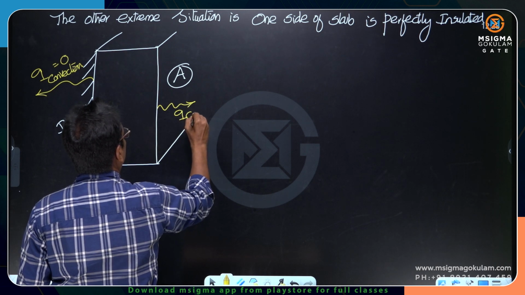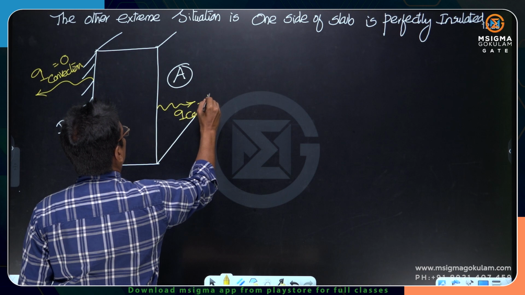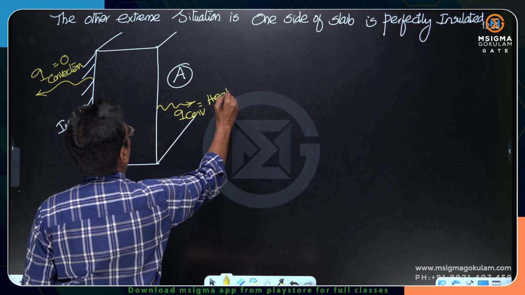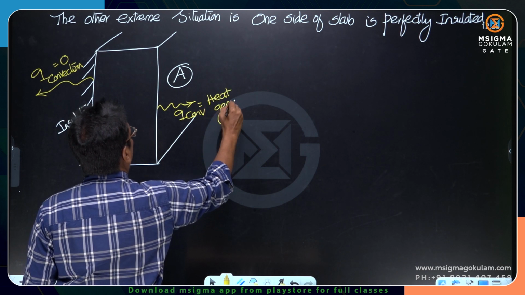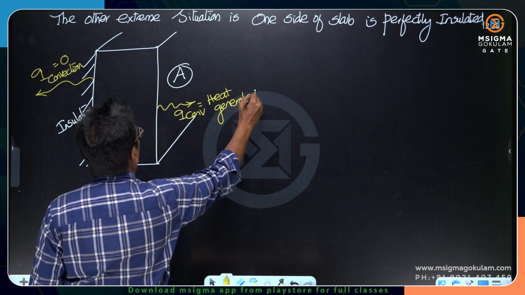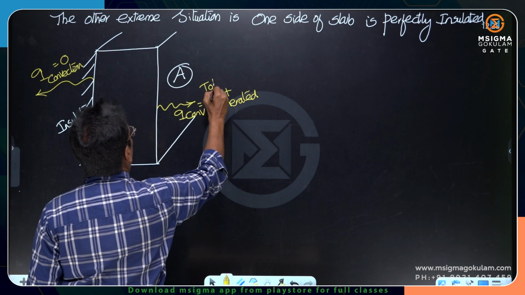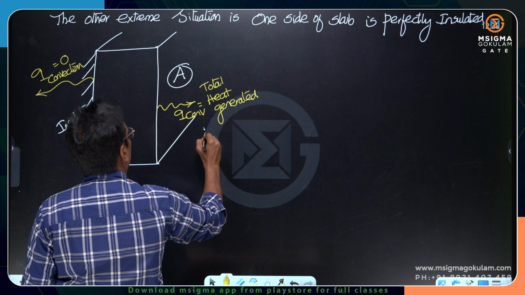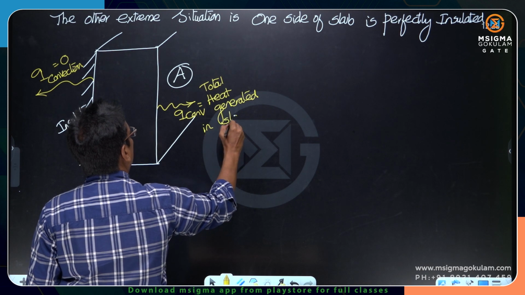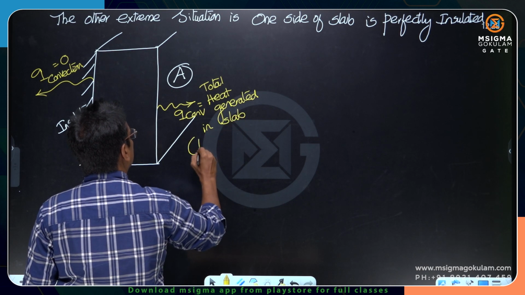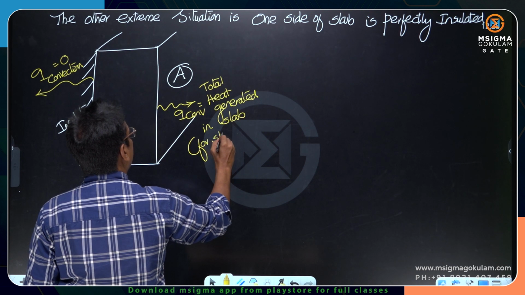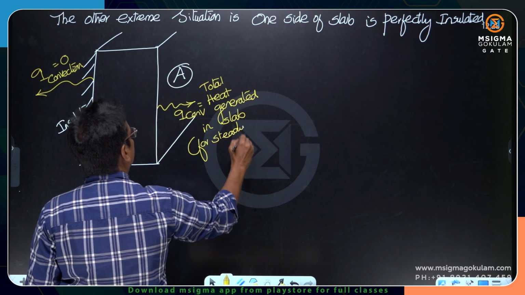Then the Q convection here should be equal to the total heat generated in the slab, to maintain steady state.